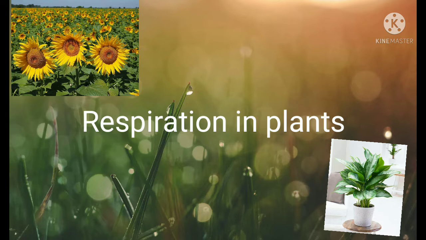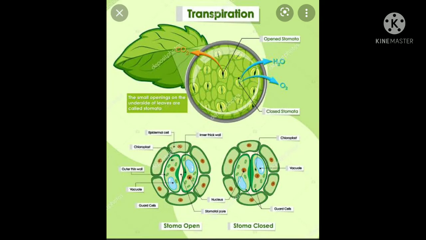Roots also need oxygen to produce energy, so they absorb oxygen with the help of root hair. Leaves, stomata; stem, lenticels; root hair. This is the structure of the stomata. We will observe the stomata in leaves.